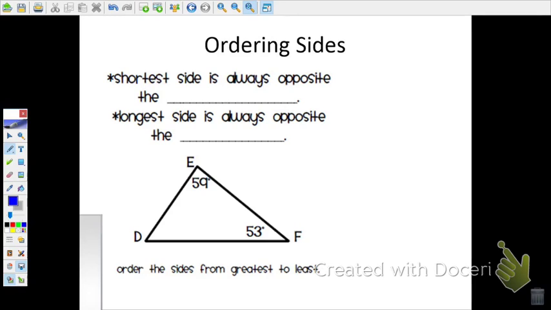So, if you look at your ordering sides flap, the shortest side is always opposite the smallest angle. And the longest side is always opposite the largest angle.